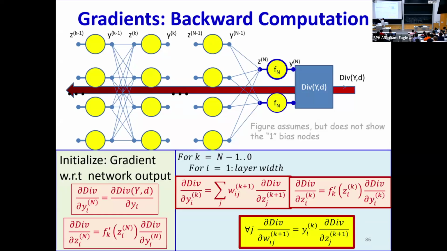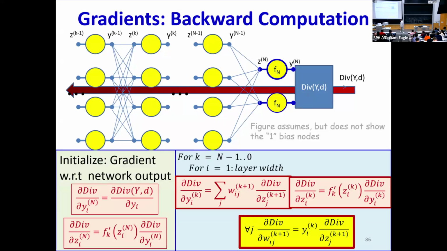So here is the entire backpropagation algorithm. You'd initialize this by computing the derivatives of the divergence with respect to the affine terms at the output layer, and then subsequently just step back. The derivative of the divergence with respect to the outputs of any layer is simply the weighted sum of the derivatives of the divergence with respect to the affine terms of the next layer.